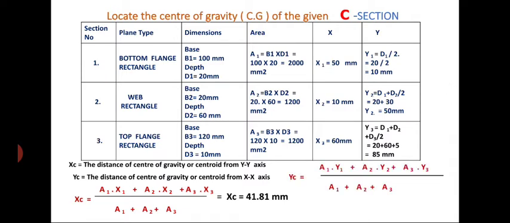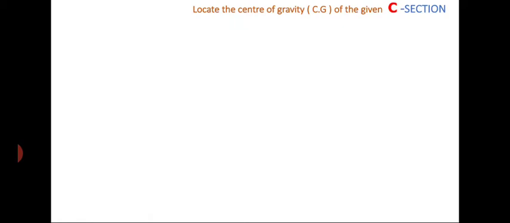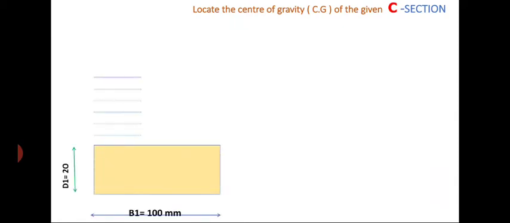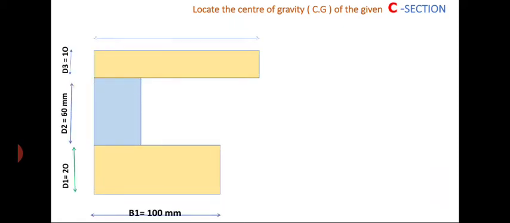Similarly, y is equal to A1 y1 plus A2 y2 plus A3 y3 by A1 plus A2 plus A3. Answer is y equal to 41.36 mm. So now in the next slide I am showing the final position of the centroid or center of gravity. This is the given figure.